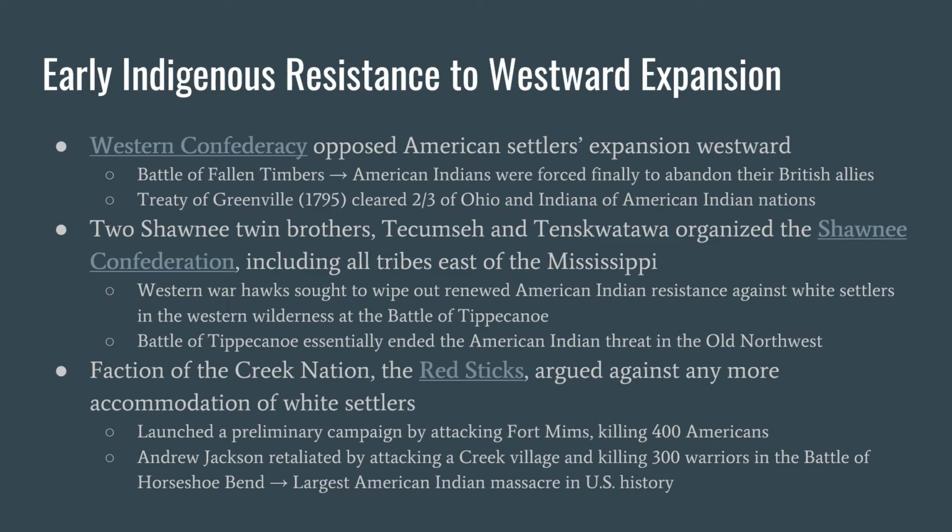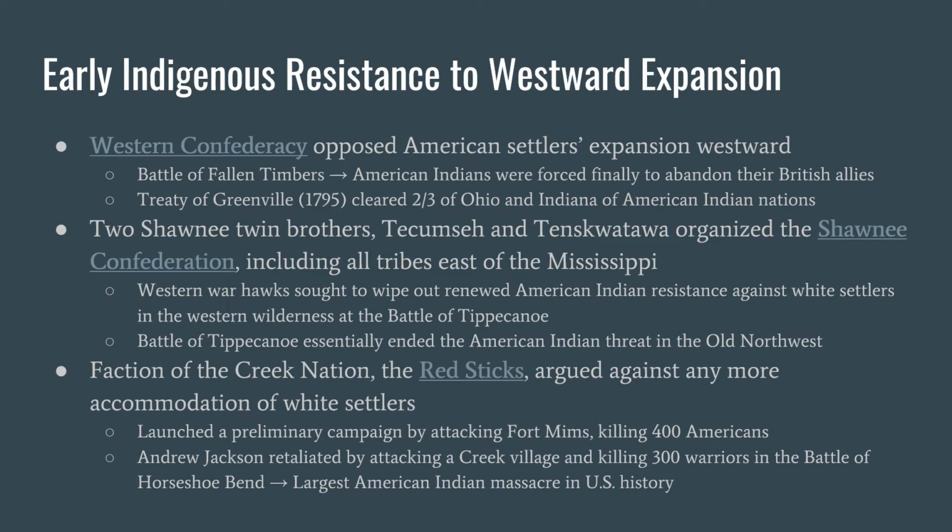We see that the Shawnee Confederation was a very large group. It included all nations east of the Mississippi. That Shawnee Confederation did a really good job at resisting that settlement, at least until the Battle of Tippecanoe in 1811.